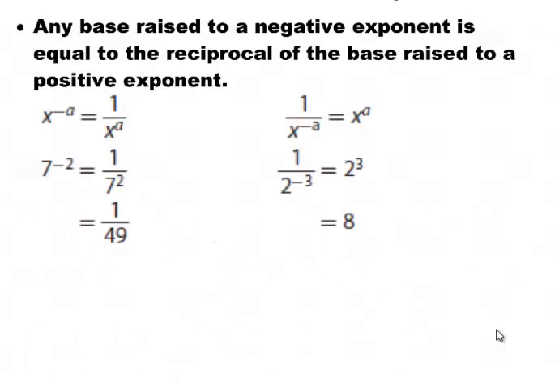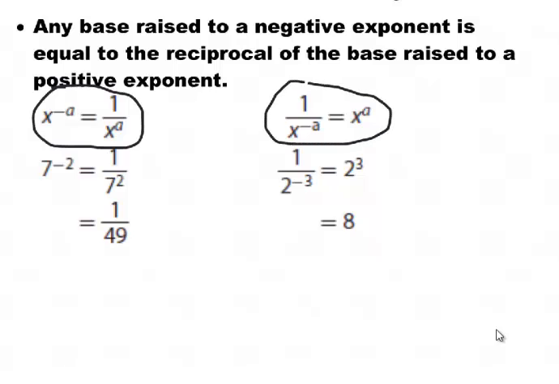So the rule is x exponent negative a is 1 over x exponent a, or 1 over x exponent negative a is x exponent a. For example, 7 exponent negative 2 is the same as 1 over 7 exponent 2, and 7 exponent 2 we know is 49, so it's 1 over 49.